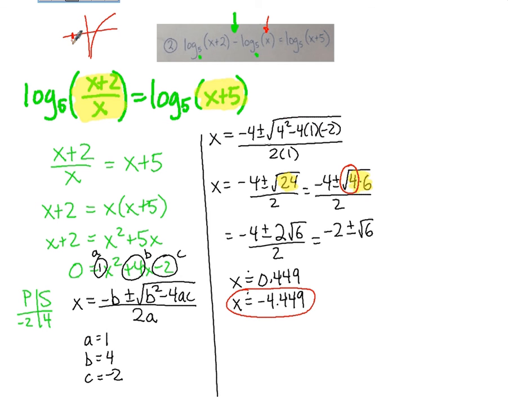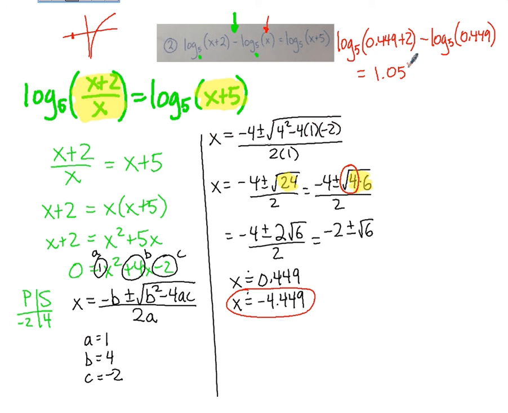Let's do it over here. I should check to see what's the value of log base 5 of our x value, 0.449 approximately, plus 2, minus log base 5 of 0.449. I've already computed that number, and it equals approximately 1.053.